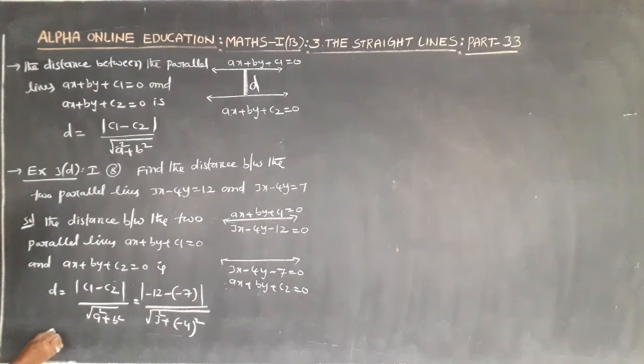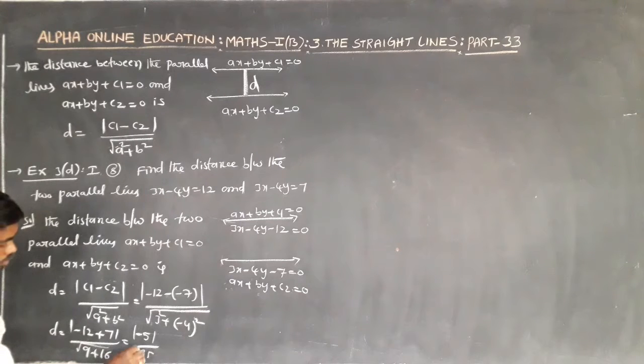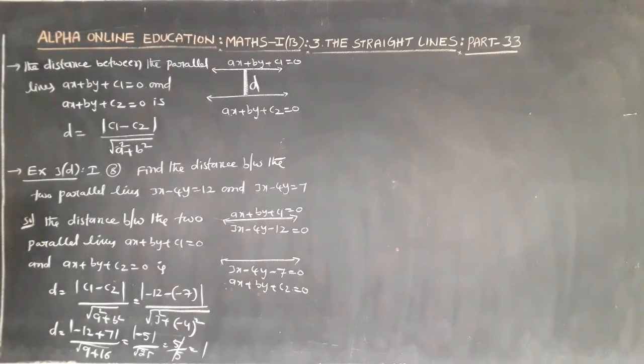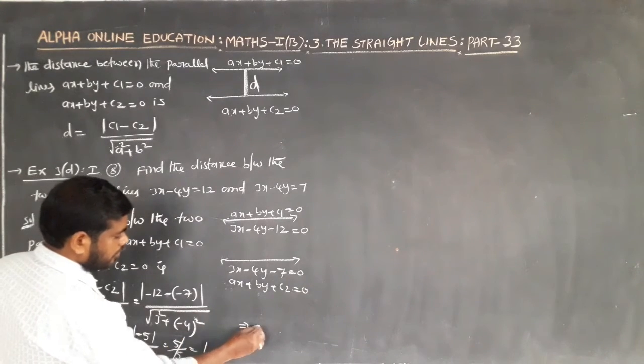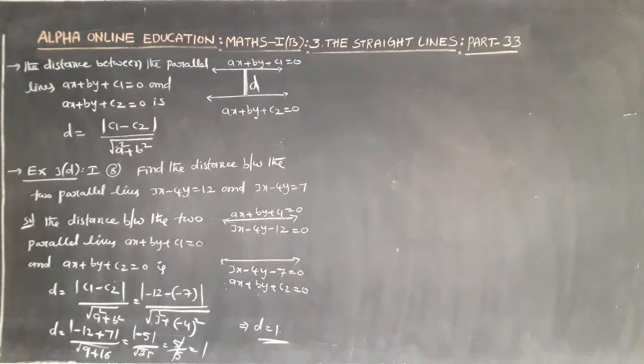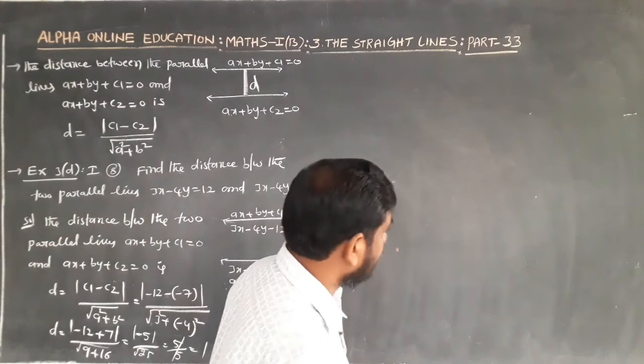D = mod of minus 12 minus (minus 7), that is minus 12 plus 7, which is minus 5. 3 square is 9, 4 square is 16, 16 plus 9 is 25, root 25 is 5. 5 by 5 cancels, equal to 1. The perpendicular distance D is equal to 1.